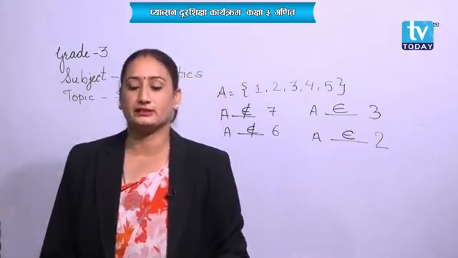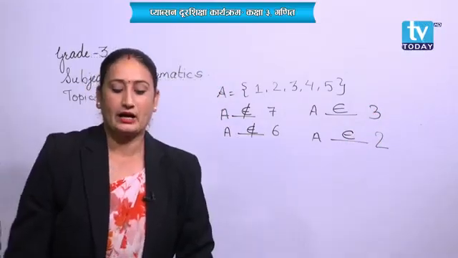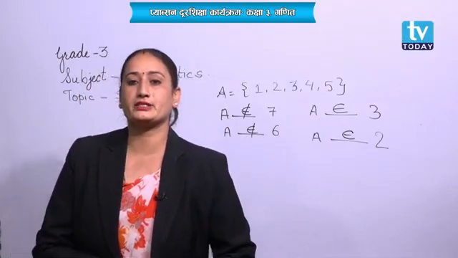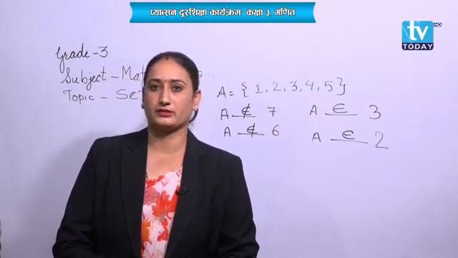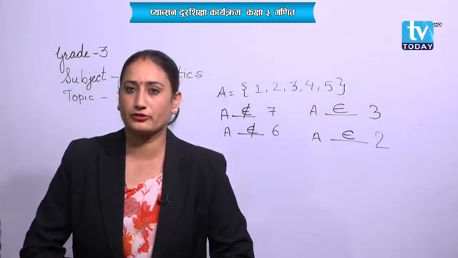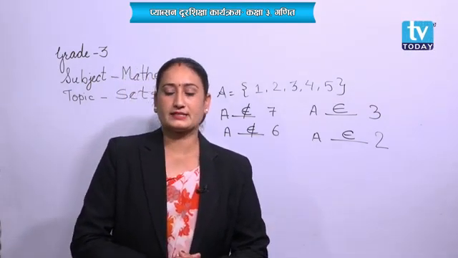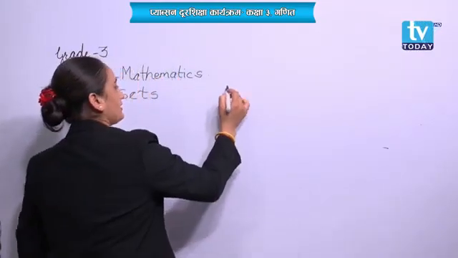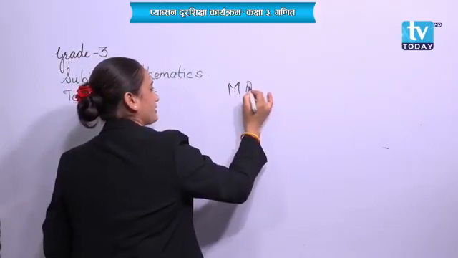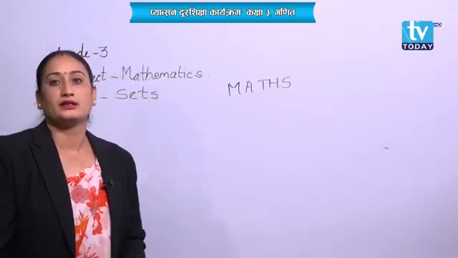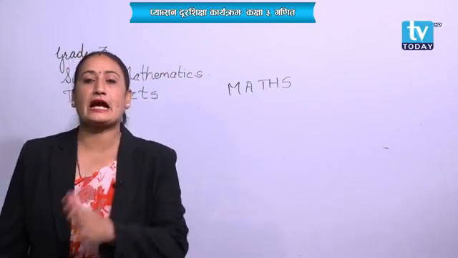Now students, next question for you. Now you have to write the set of letters of the word maths. Can you write the letters of maths over there? What is the set of the letters of the word maths? M-A-T-H-S. Maths. So, you have to list out.